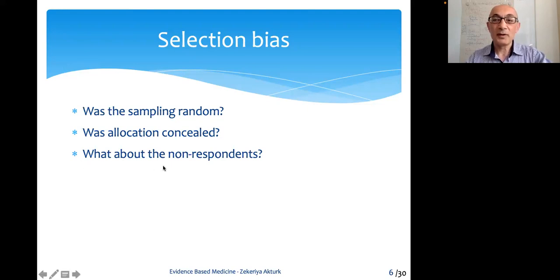Then there will be, of course, in any study, non-respondents. Some participants will not be interested, due to some reasons, in participating in your study. So if those who do not participate are different demographically or clinically from those who participate, that might be an issue too.